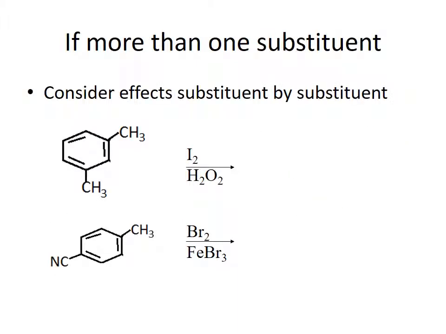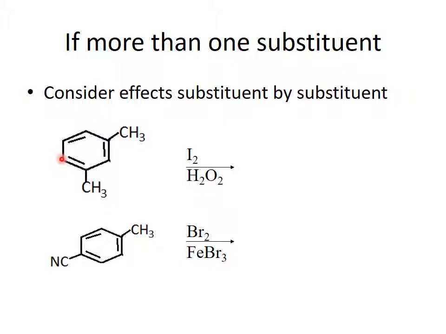If there's more than one substituent, what you have to do is take each substituent and figure out where it points to and which one will have the greatest effect. Well, if I look at this one, you can see that the methyl and the methyl are identical. They're ortho-para directors. Where are the ortho positions? Here, here, and here.